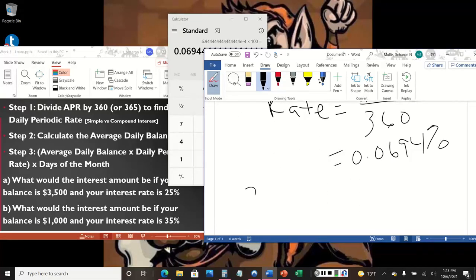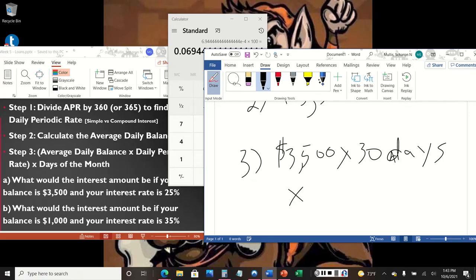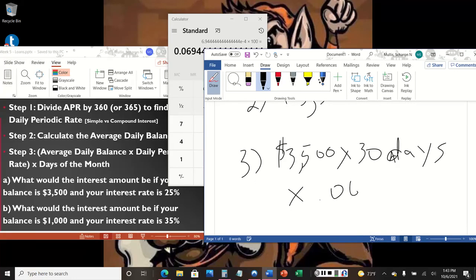So the next thing we need to do, and we already know this, we already know what the average daily balance is. We know the average daily balance is $3,500. And after we have that, we need to multiply the average daily balance times the days in the month. So we're going to use September, so that was 30 days in the month. And I'll put 30 days here. And then times the 0.0694%.